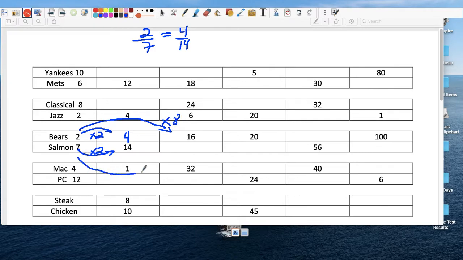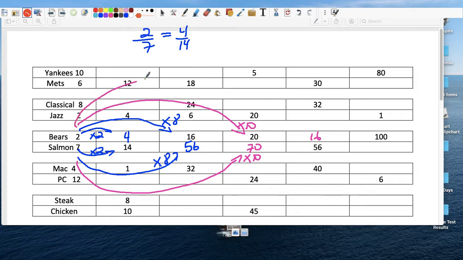So the 7, I'll multiply that times 8, and that's going to give me 56. Next one is 2 over 7, and how did the 2 become a 20? Times 10. And the 7 is going to be times 10, which is going to give me 70. The other one is already done. We already have 56, so we already know the answer is 16.